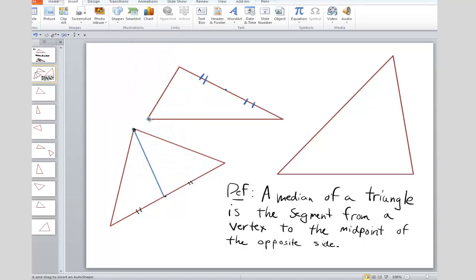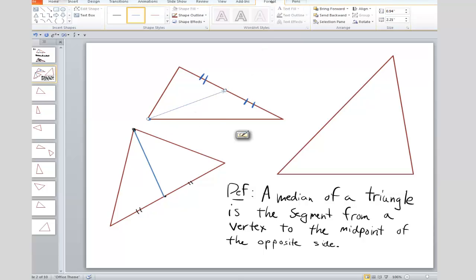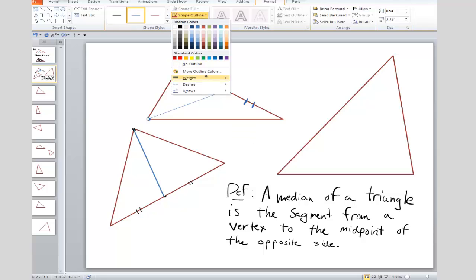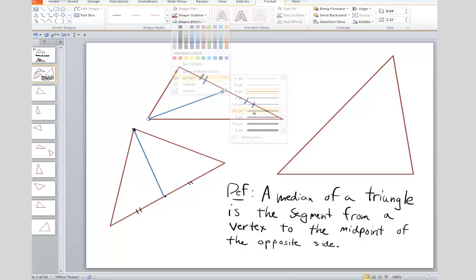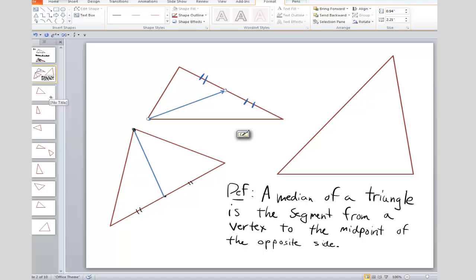I'll put a little arrow on this one. Goes right there. Okay, so that is the definition of a median. If you want to try, it could be with any of these three vertices, just one side, drag it over, cuts it in half. Alright, so that is the definition of a median.